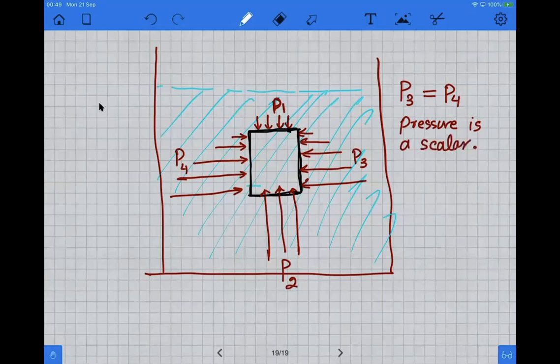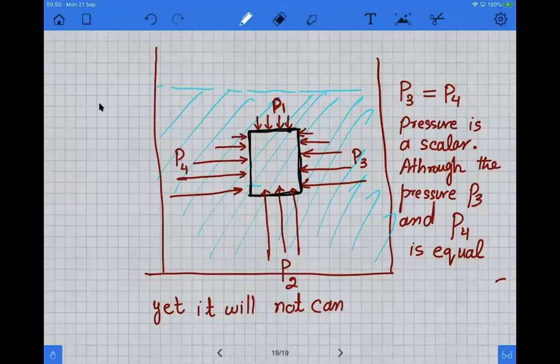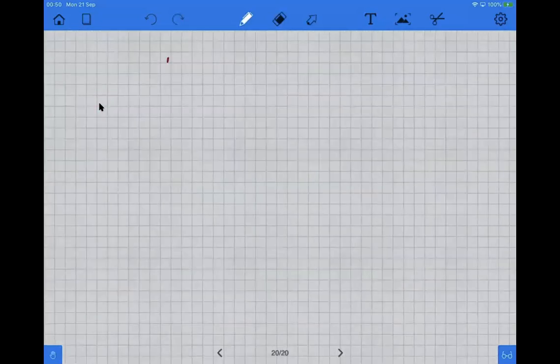Scalars do not cancel from opposite sides. Although the pressure on the sides, that is a horizontal pressure, P3 and P4 is equal, yet it will not cancel out, as pressure is a scalar.